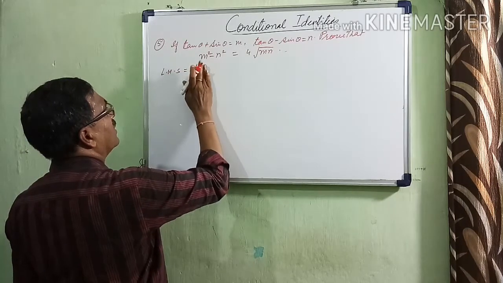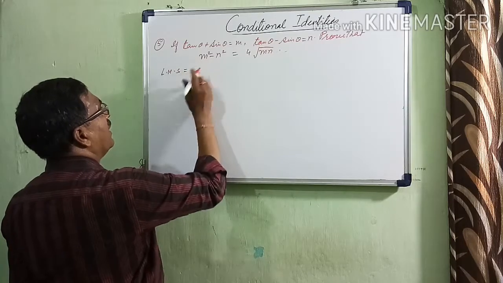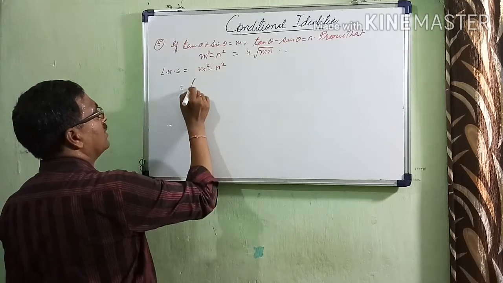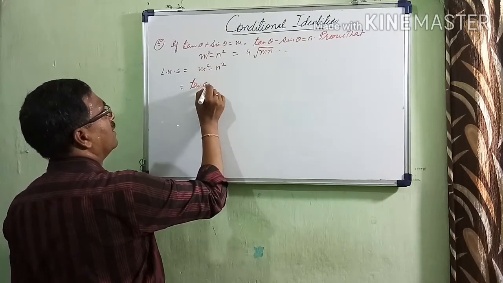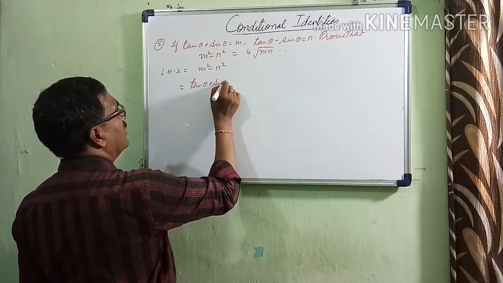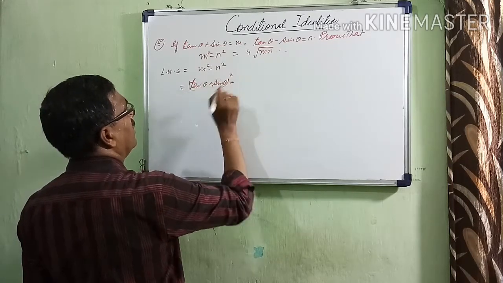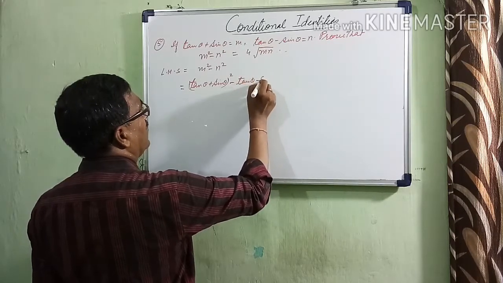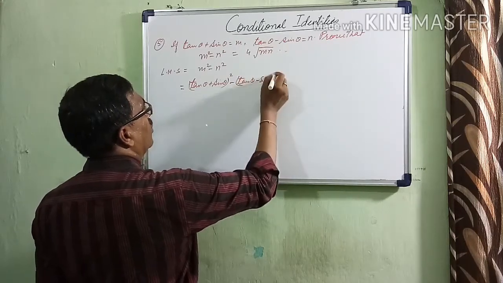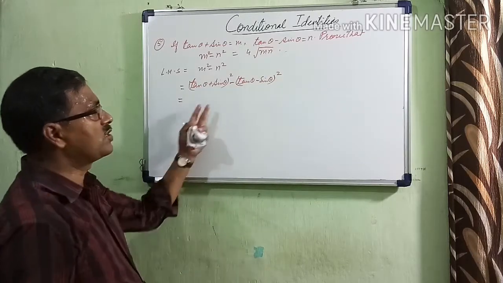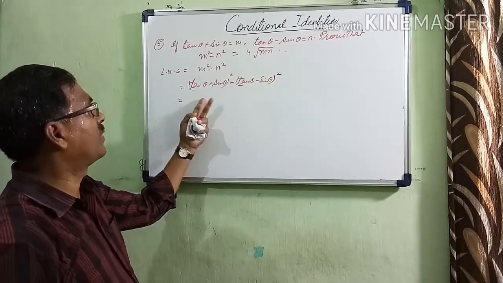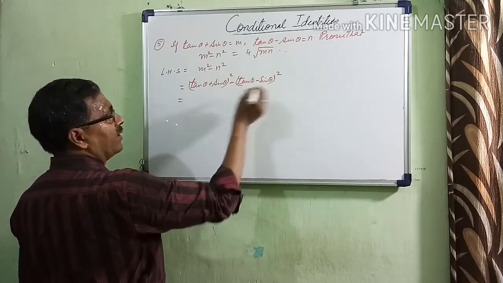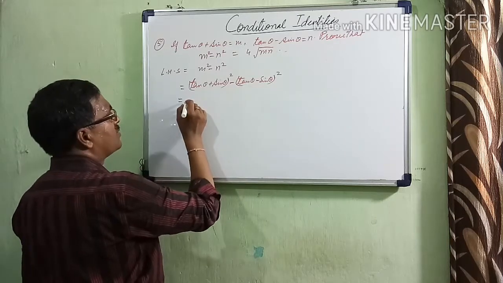LHS is your m square minus n square. Now substitute tan theta plus sin theta whole square minus tan theta minus sin theta whole square. There are two ways to do a square minus b square, or a plus b whole square, a minus b whole square. Either way you can go. So I will prefer a square minus b square.